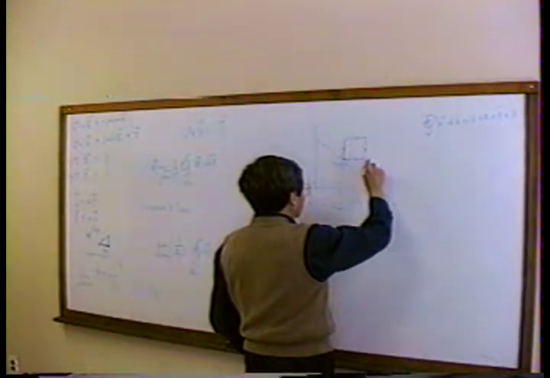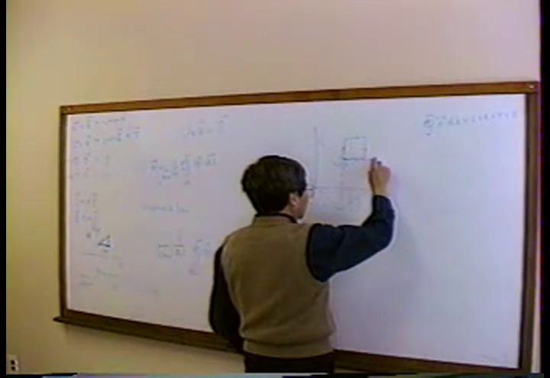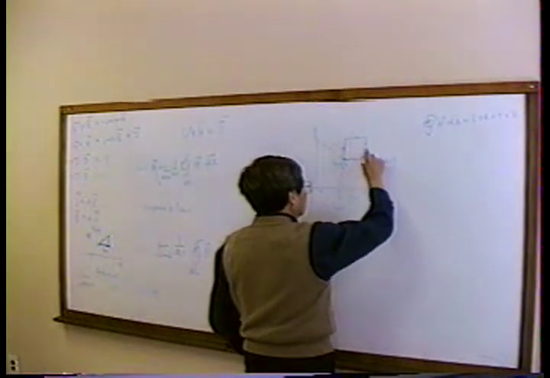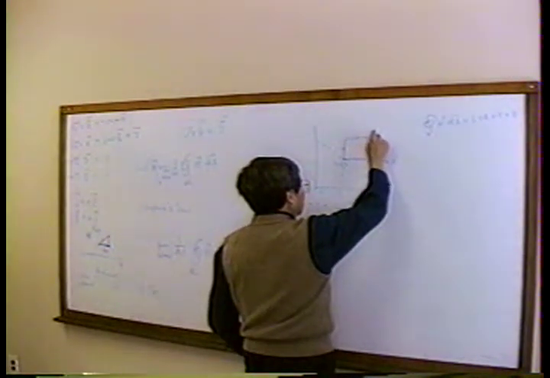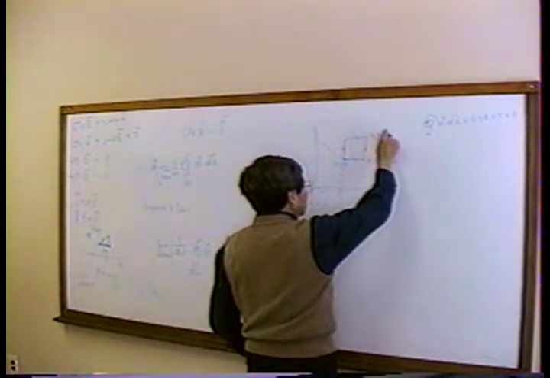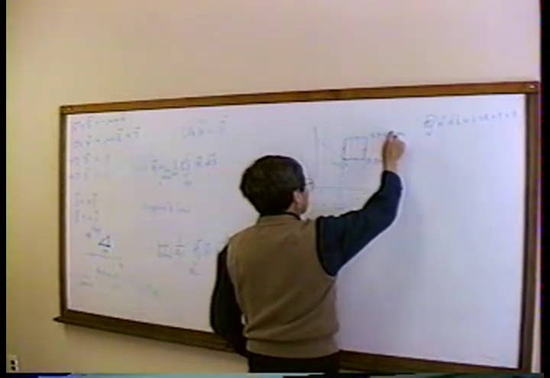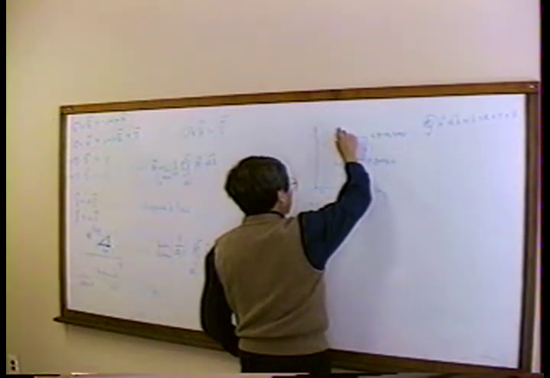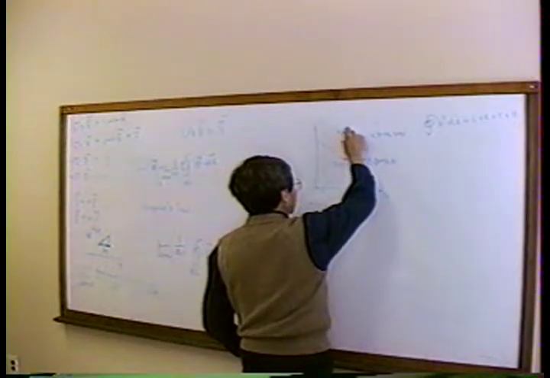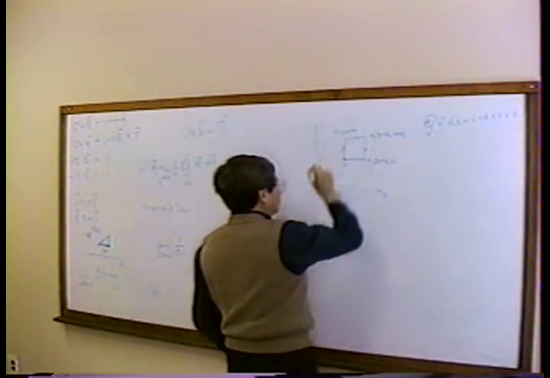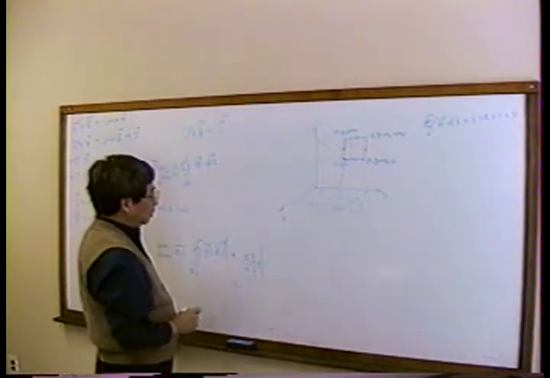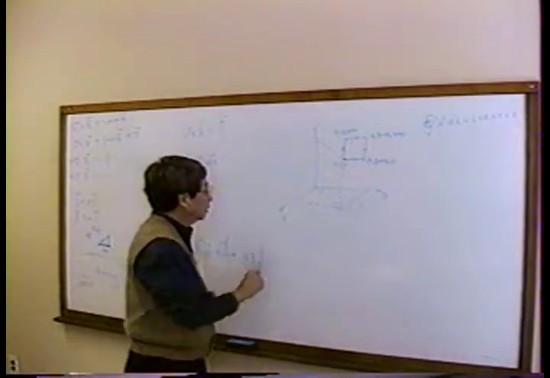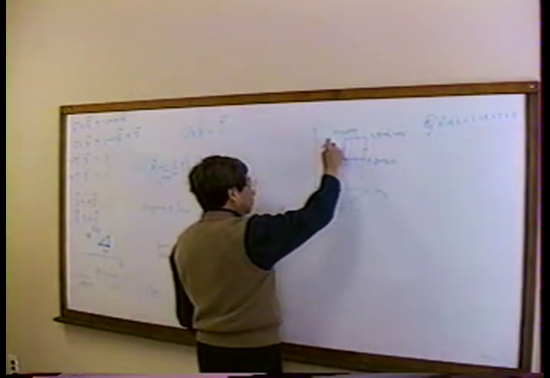This is x, y plus delta y, z. This is x, y plus delta y, z plus delta z. This is x, y, z plus delta z. Right? So left will be from this point to this point. So this is z prime.